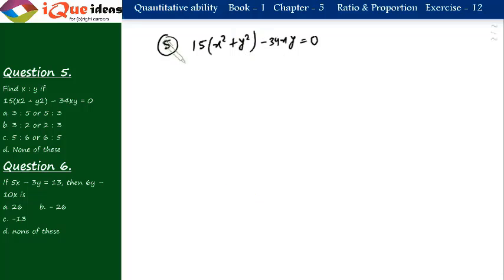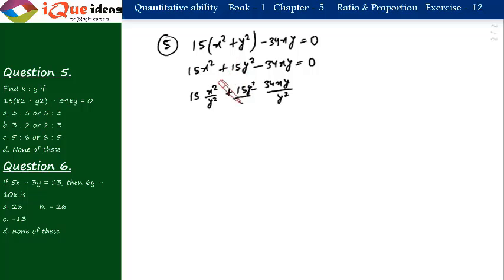If you divide by y², we get 15x² + 15y² − 34xy equal to 0. Now if you divide everything by y² on both sides, we get 15x²/y² + 15 − 34xy/y², where 15y²/y² is 15.